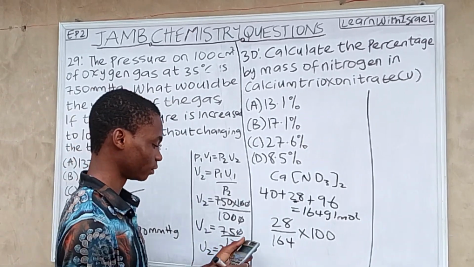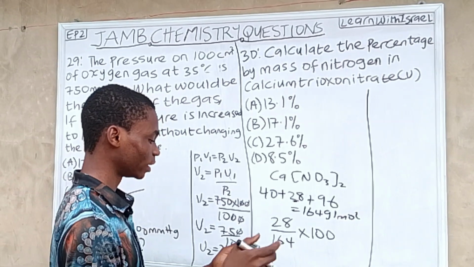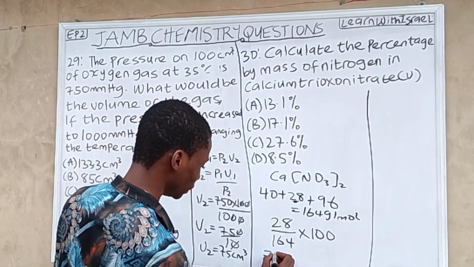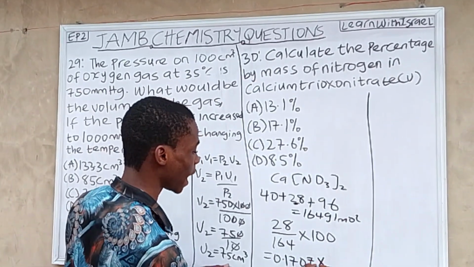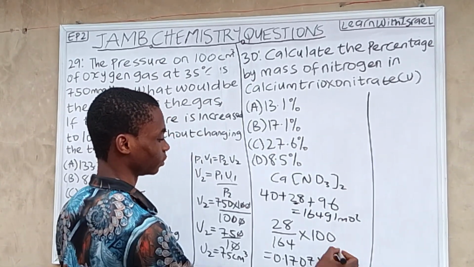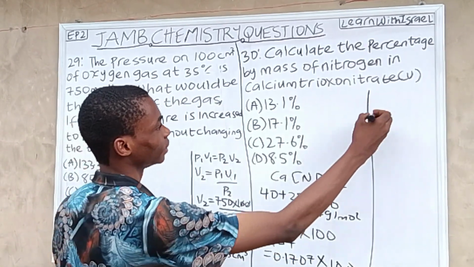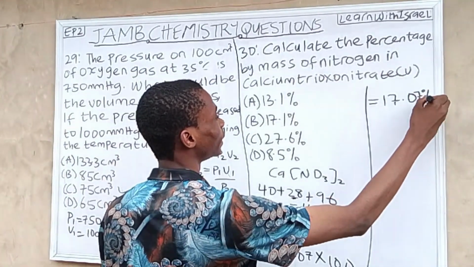So let's divide. 28 divided by 164 is 0.1707, multiplied by this 100 here. So let's multiply. If we multiply by 100, we'll get 17.07%.